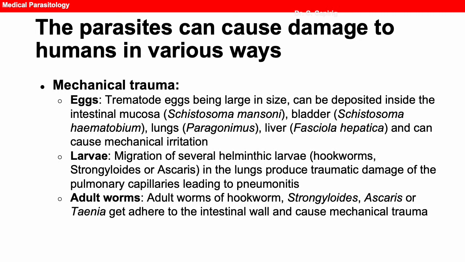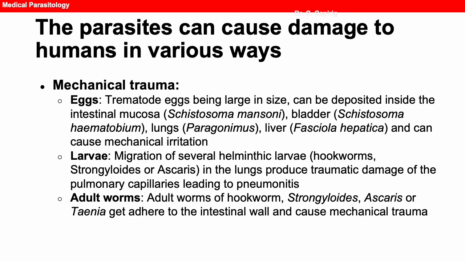A very good example of mechanical trauma is exemplified by the eggs. Trematode eggs such as those of Schistosoma mansoni and Schistosoma haematobium, the one presented in the case, can be deposited inside the tissues. Specifically, Schistosoma haematobium is deposited in the epithelial lining of the urinary bladder.